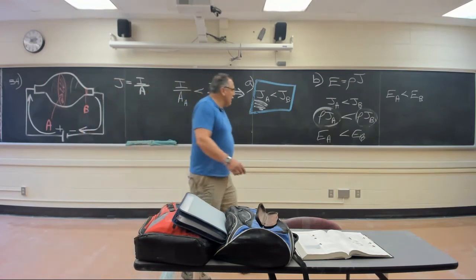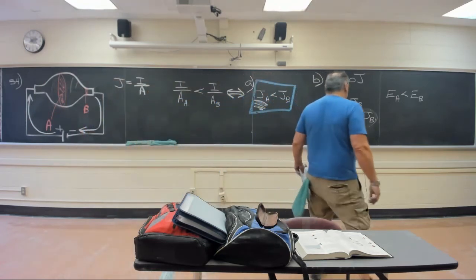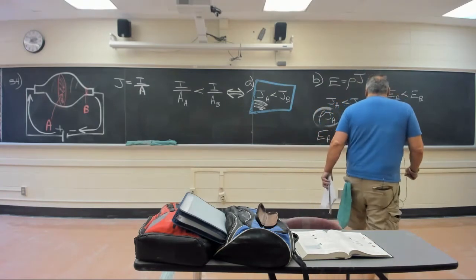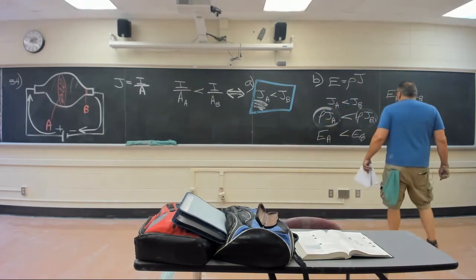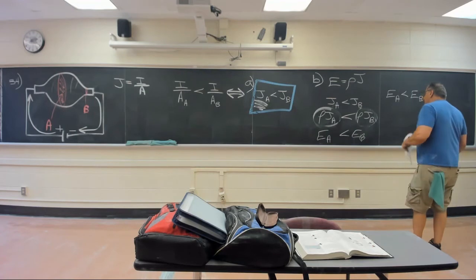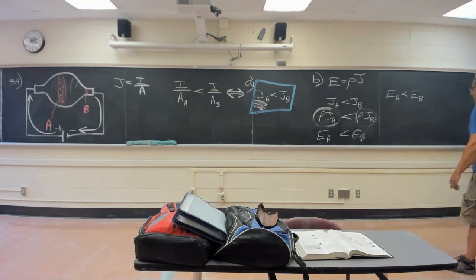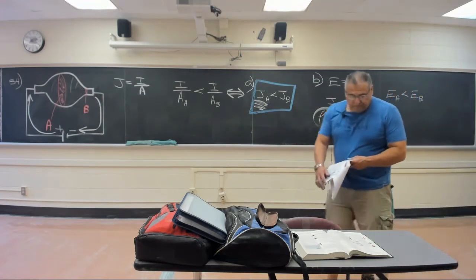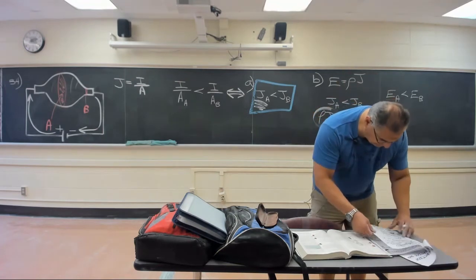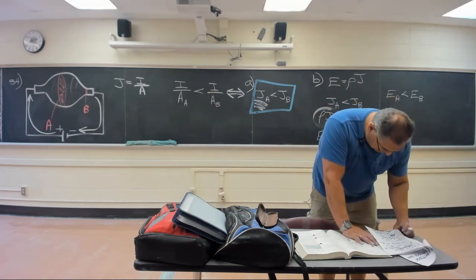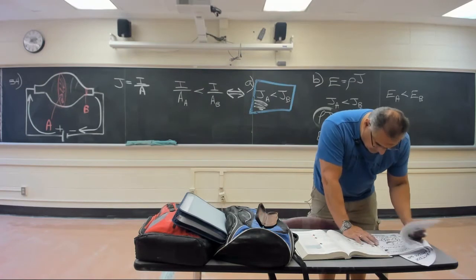Resistivity is the same. We're not saying anything different there, but you're getting a lot of current through there over a small area, and that cannot be the easy thing to do. So, and they're saying that. For 34, E sub A is less than E sub B.